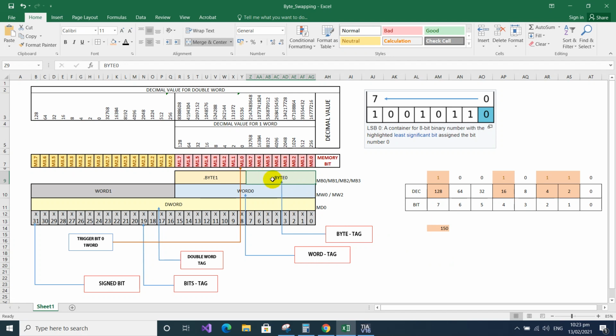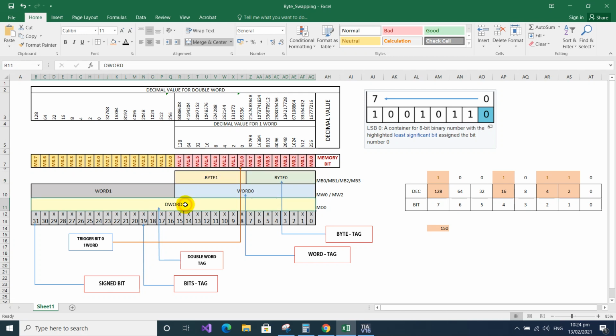How many bits in one byte? If you don't know, one byte is equal to 8 bits. One byte is equal to 8 bits, and then one word is equal to 2 bytes.